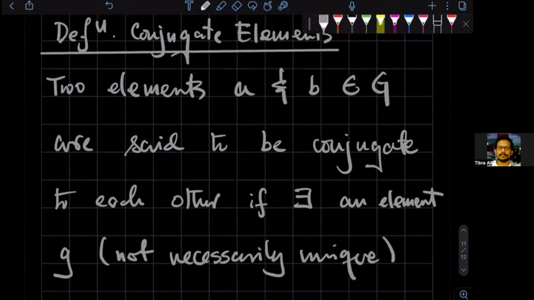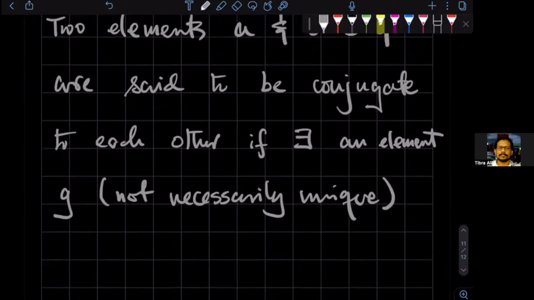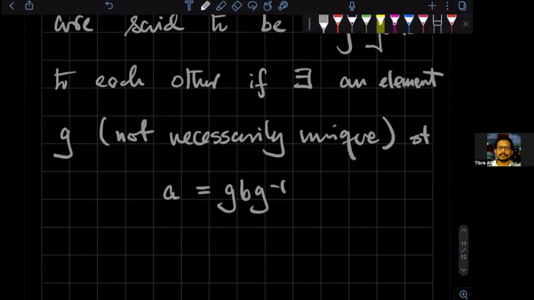There could be more than one G which does the job. If there exists an element such that A is equal to G B G inverse, then A and B are conjugate.